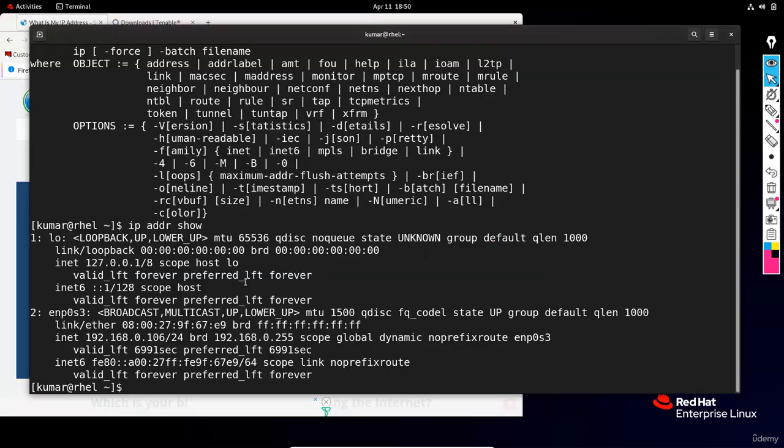And also when I run the command ip addr here, this is also my IP address.